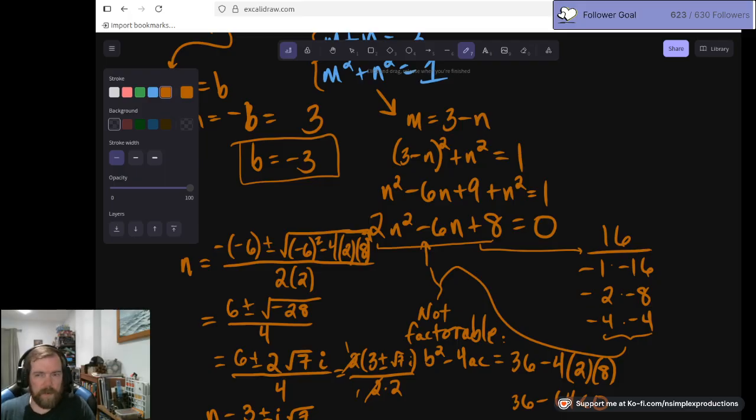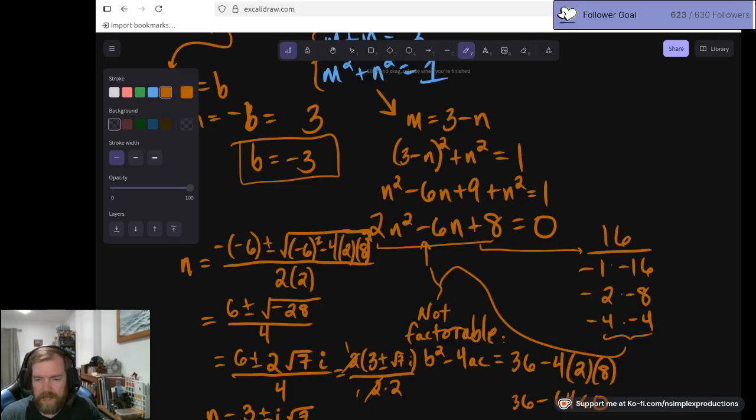So the real portion is going to stay the same. And then the negative is going to apply to the i term as well, which is going to flip that to be negative. If, on the other hand, n is the negative one, then the exact opposite happens with m. We get 3 minus our 3 over 2, which is again 3 over 2, and then the negative applies to the negative, and it's going to switch it to become the positive i term.